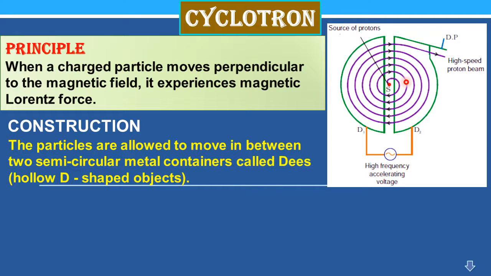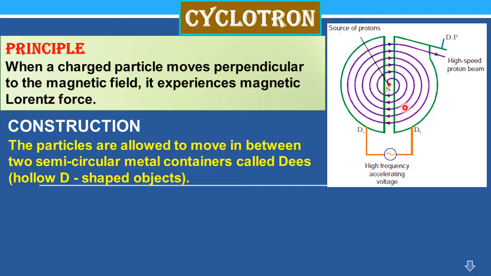Here you see the two Ds, D1 and D2, kept separated with a gap. This is the gap between D1 and D2. The source S, which emits the particle to be accelerated, is here, placed at the center in the gap between these two Ds.